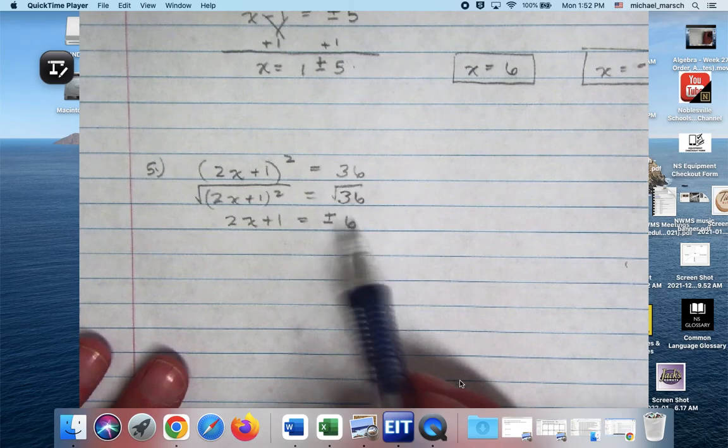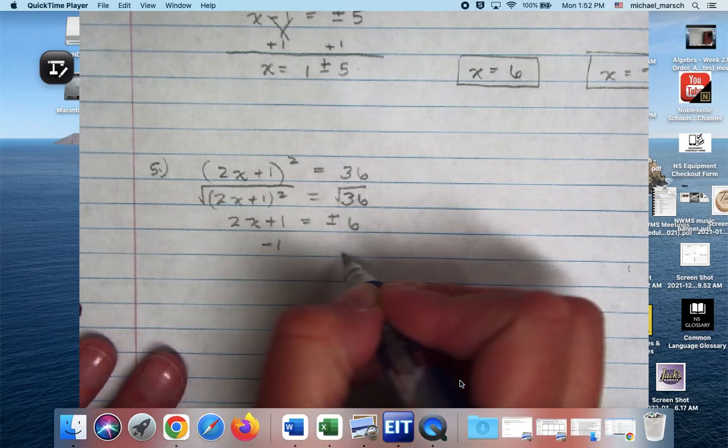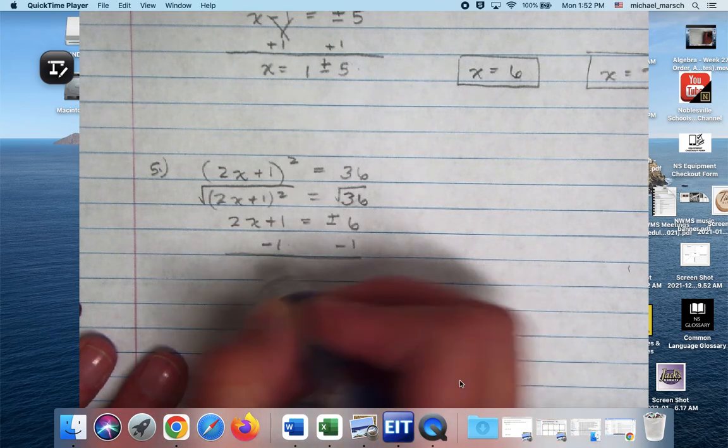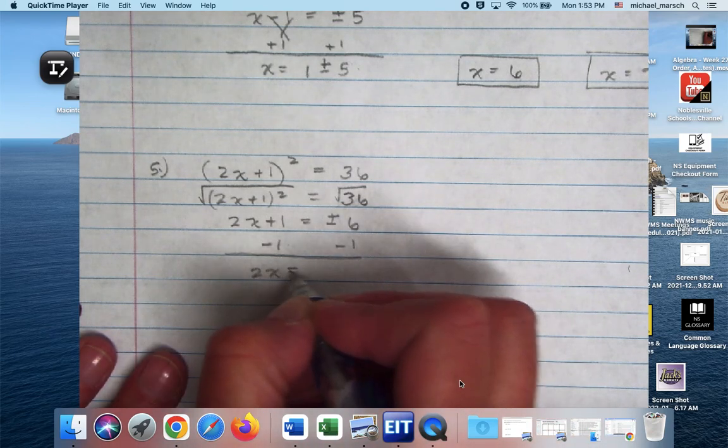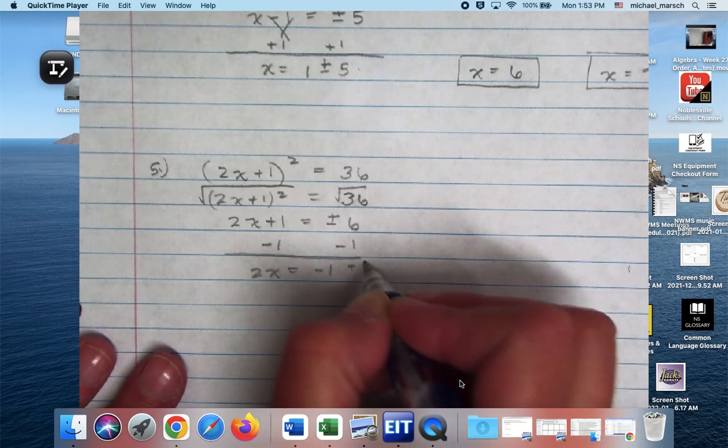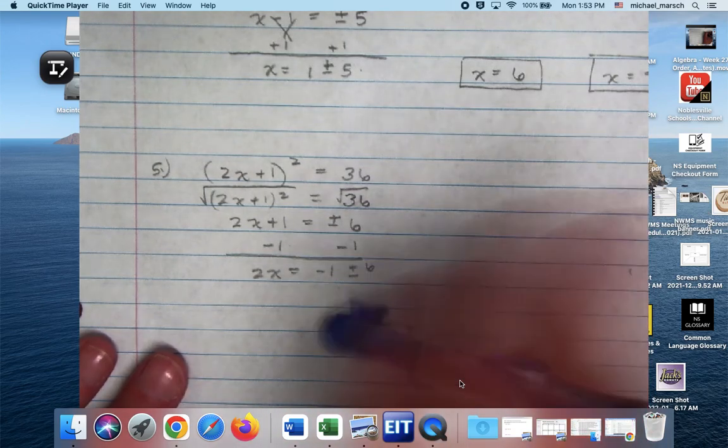So now I have my plus or minus 6. So I'm going to subtract 1 from both sides. So now I have 2x equals negative 1 plus or minus 6.